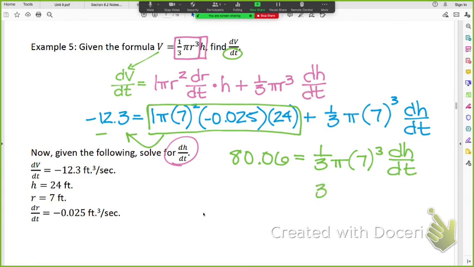I get that that's like 359.19. And what do I have to do to solve? Divide. So I do 80.06 divided by 359.19, and I get 0.22-ish.